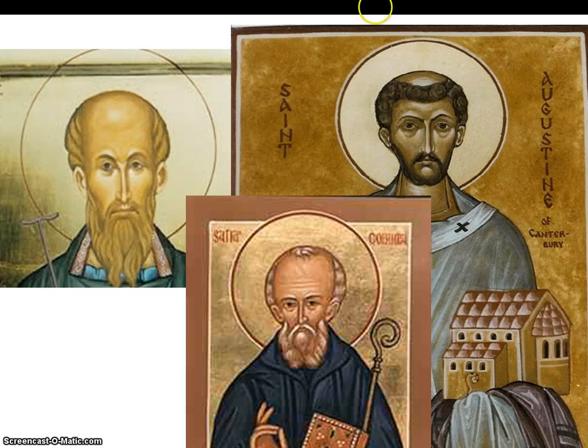But the way of tonsuring, Columba and Aidan are tonsured in the Irish style, while Augustine is tonsured in the style of Rome. And they had these huge wars later on about what was the correct way to tonsure. And when I say wars, I mean actual battles. Thousands of monks lost their lives in these battles, and eventually the Roman system won.